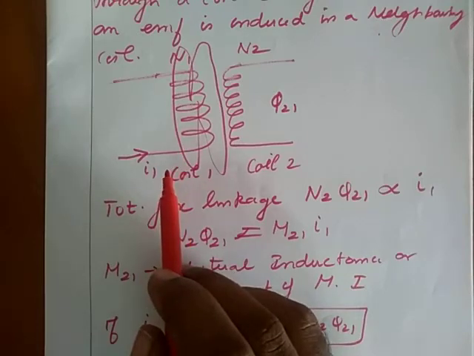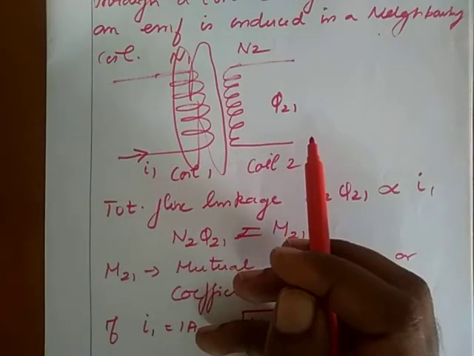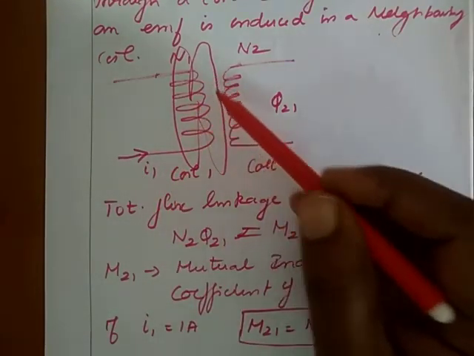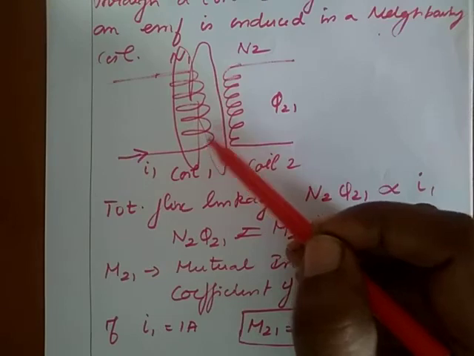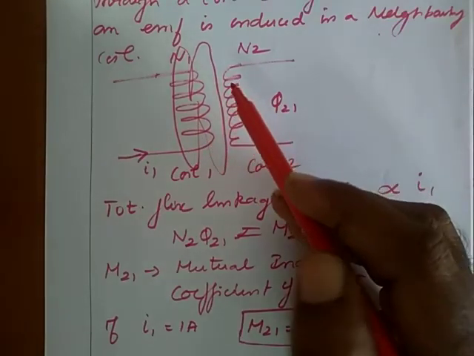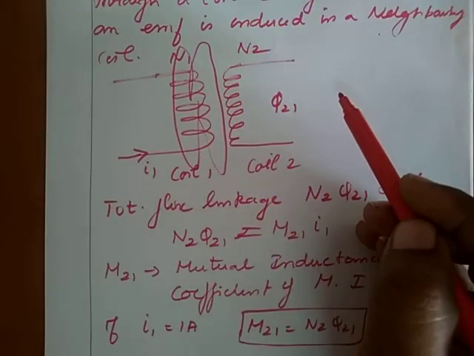Suppose this current I1 changes with time. We know a change in current produces an induced EMF in the neighboring coil. Because the current changes, the magnetic field also changes, and when the magnetic field changes, the flux changes. According to Faraday's law, a change in flux produces an induced EMF.